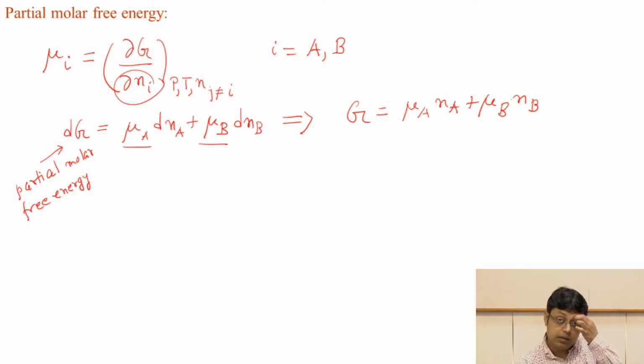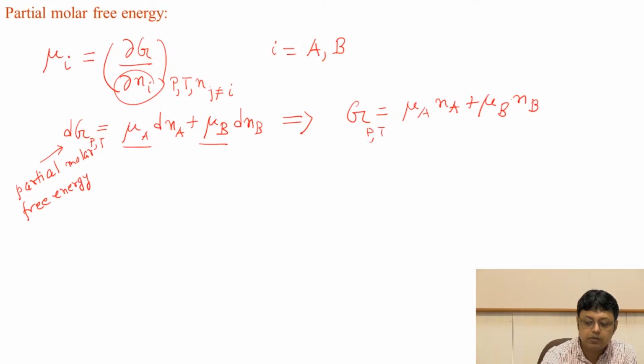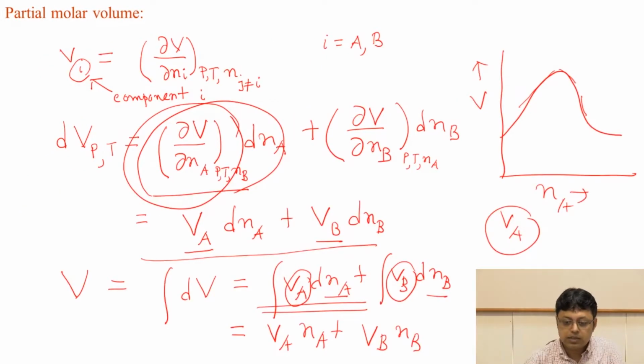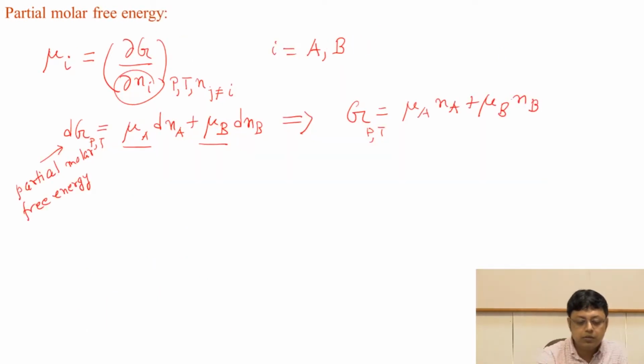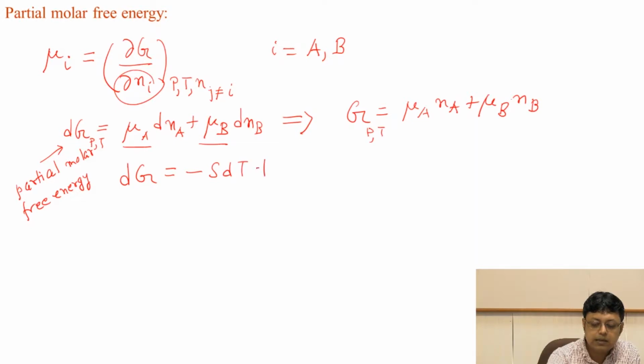Now, an interesting thing to note here is that we already know the expression for dG. Remember that this dG is at constant pressure and temperature, that we should always keep in mind. Now the general equation for dG, if you remember, we wrote dG as minus SdT plus VdP.